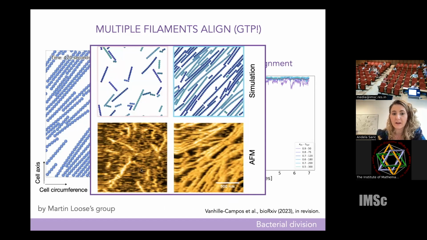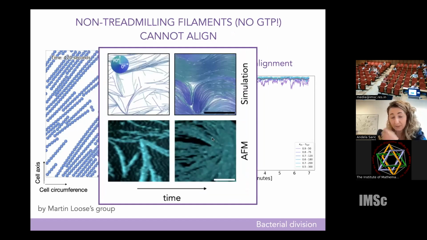Now these are aligned filaments. You can compare them, and at low densities and high density, they align. If you stop treadmilling by stopping disassembly, in simulation and in experiment, you'll see the lack of alignment. They cannot align if they don't grow and shrink, and they form these sort of defects, both in simulation and AFM.